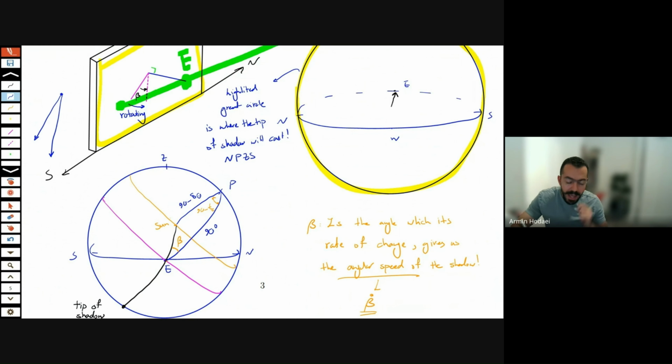The only reason that it changes length and direction is sun's motion, and sun's motion in the sky is constant. I mean, the omega that sun's moving with, right? So the omega of the sun is basically giving this line or shadow two types of velocities. One, rotational velocity. Second, radial velocity.